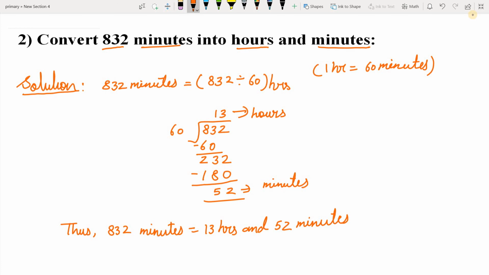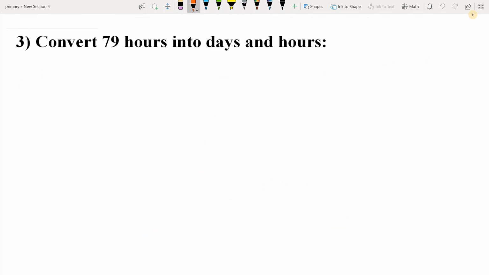Now let us take one more question. Question 3. Convert 79 hours into days and hours. Students, as we know that कि वन डे में 24 आवर्स होते हैं. So 79 आवर्स में कितने डे और कितने आवर्स होंगे ये हमें फाइंड आउट करना है. So let's solve it. So here we will divide 79 by 24.